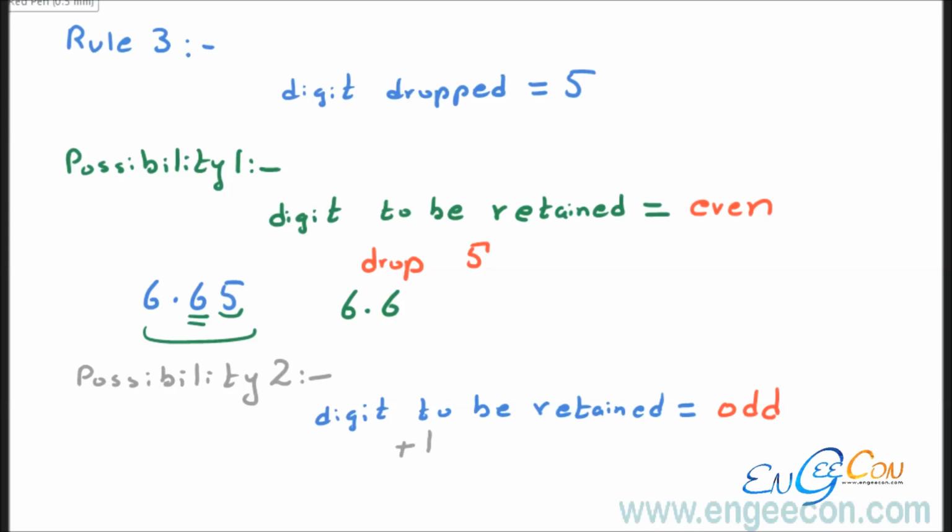For example, if we have 6.35 and we need only two significant figures, here the digit to be retained is 3. 3 is an odd number, so it can be rounded off as 6.4.